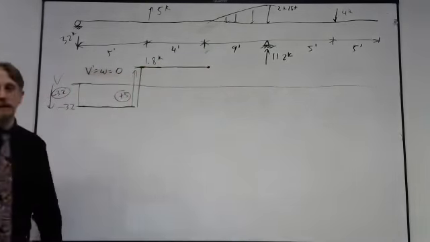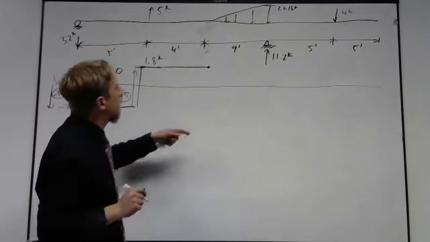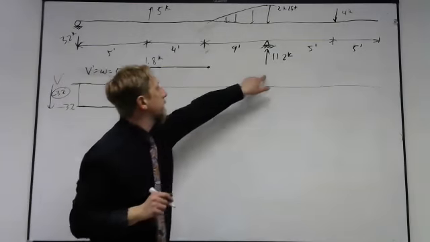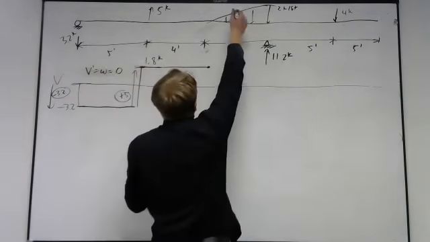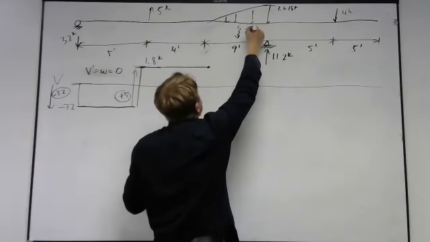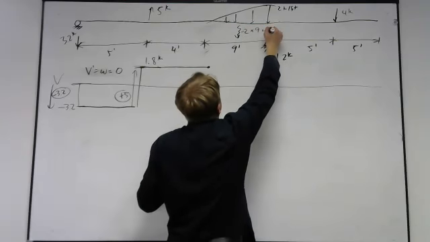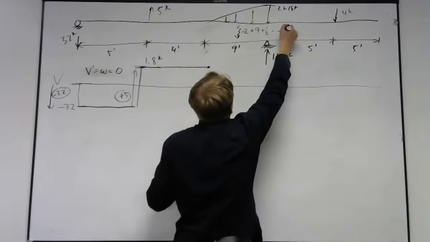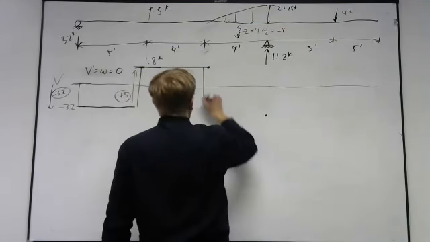Oof. Now I've got something tricky here. I know the net change from here to here is going to be the area of W. So for this guy, the area is -2 times 9 times a half. And that's -9. I know it goes down by 9.